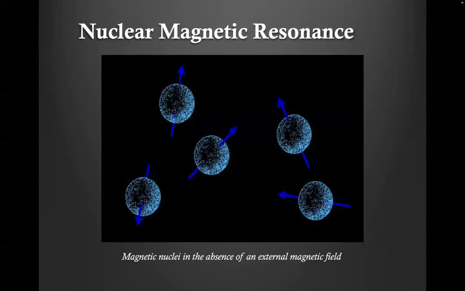Now imagine all these nuclear spins in your body. We have so much water in the body, so a huge amount of nuclear spins. When you are not in the MRI scanner, all these little spins are randomly oriented, at all different angles.